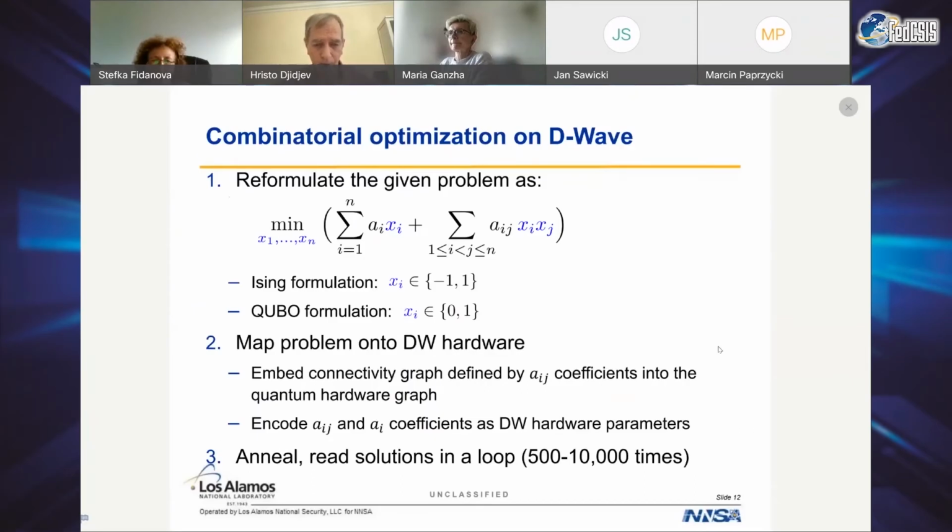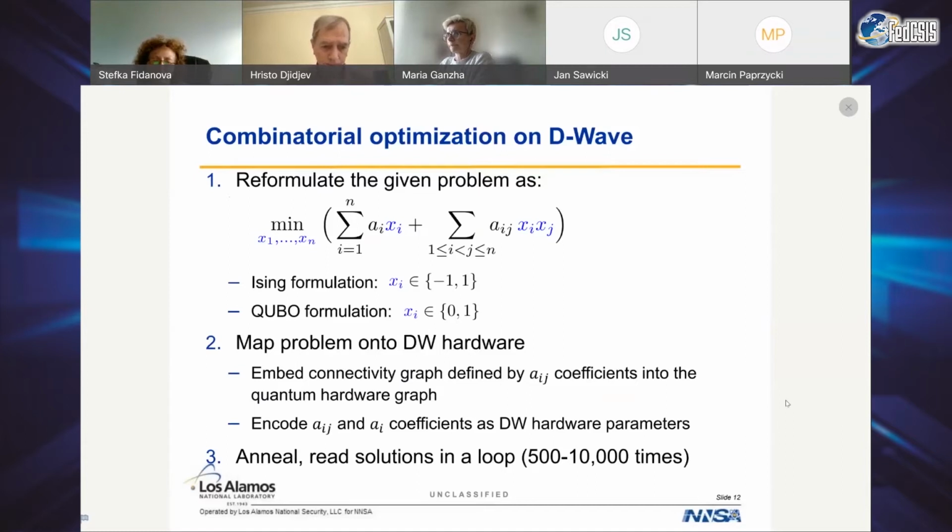And then we do annealing, reading the solutions, and usually we do this in a loop. As I mentioned, quantum computing is always probabilistic, but we have to do many repeats to get a large enough sample of solutions, and then we choose the best one, which is easy to choose because it's an optimization problem. So the one that gives the best value is the best.